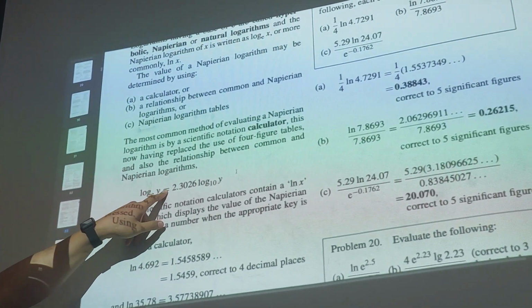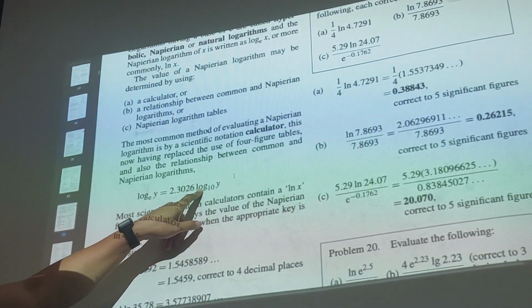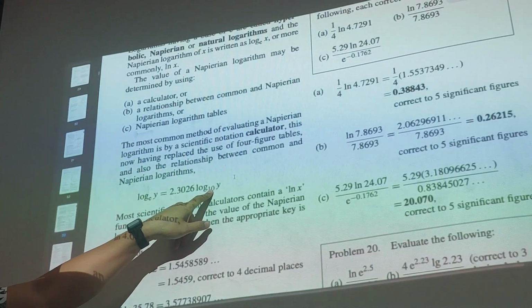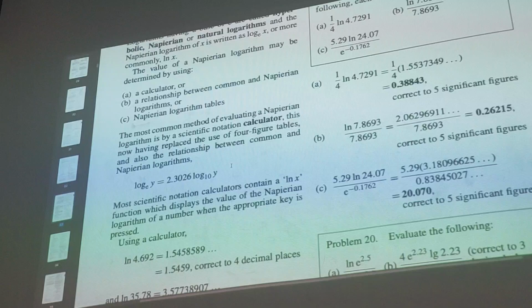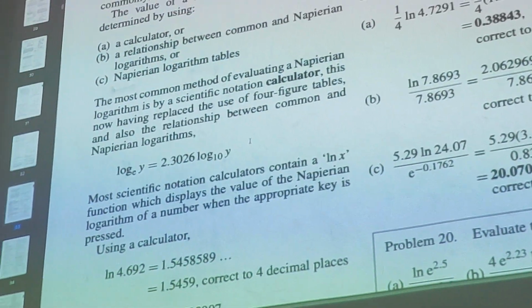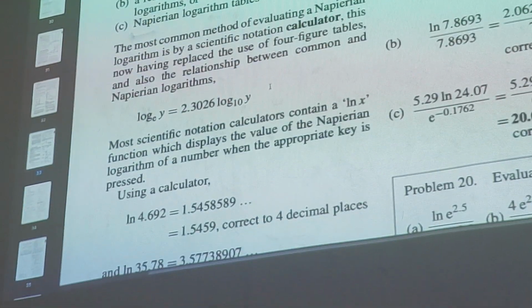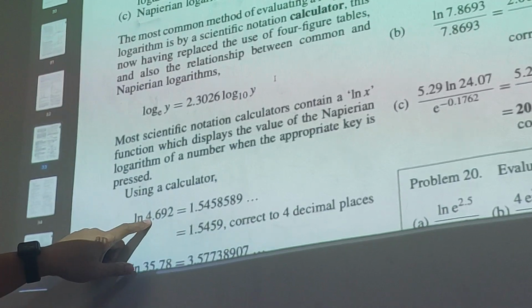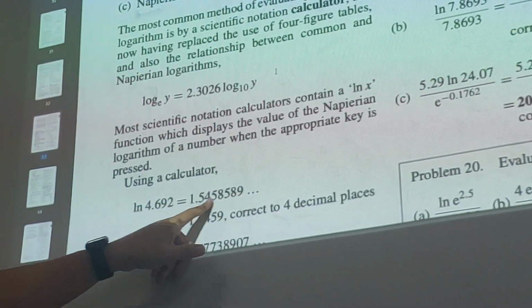Ln y is equal to 2.3 log 10 y, and using a basic calculator you can get some information. For example, for ln 4.692 you can get this number.